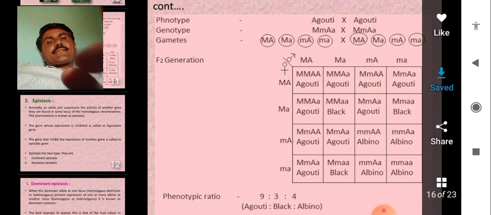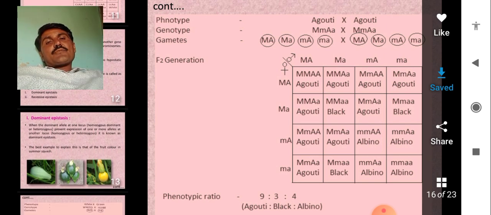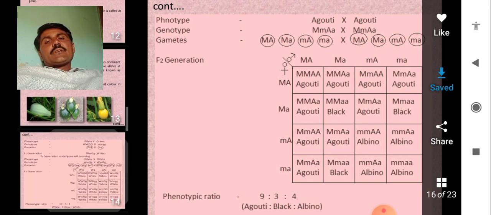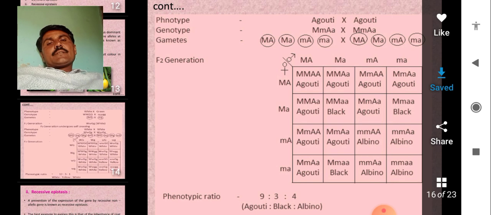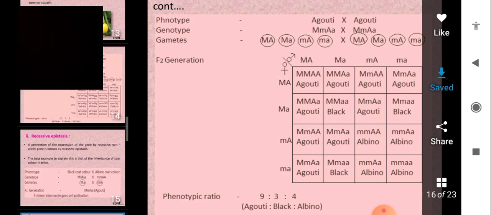Now epistasis, that is dominant epistasis and recessive epistasis. In the summer squash we find the fruit color ratio is 13:3:1 in the dominant epistasis.